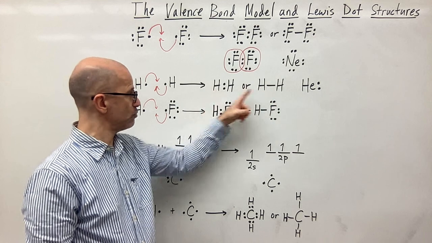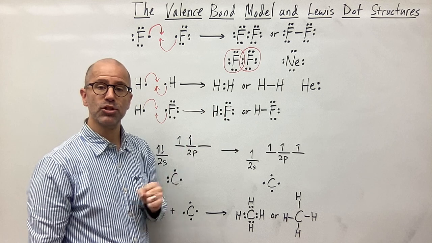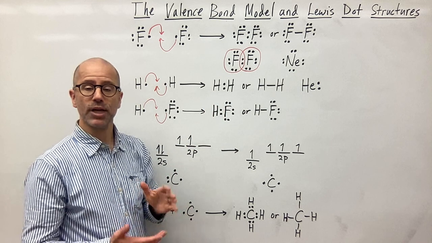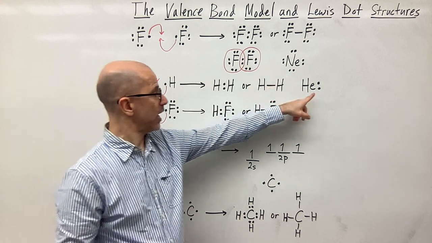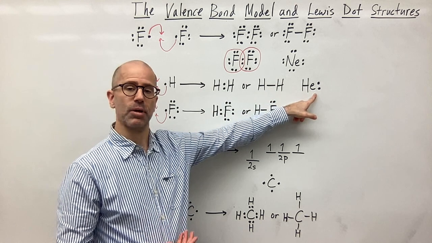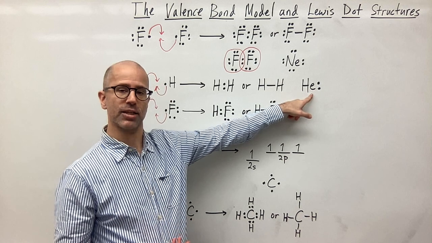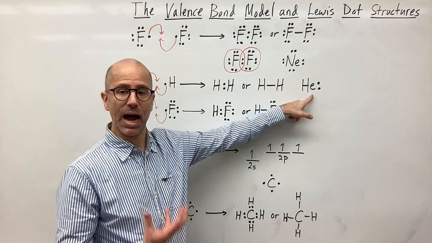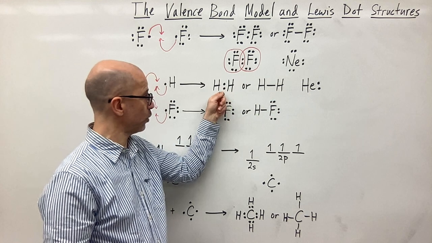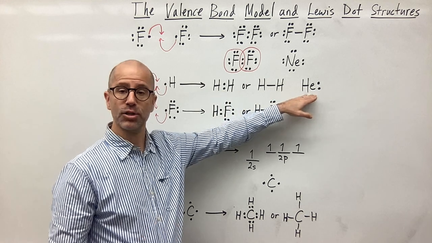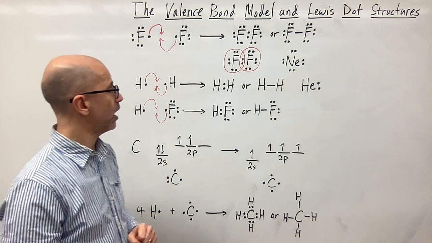So either have the 2 dots or the line, and in this case, hydrogen is fine with 2 electrons. Remember that the first energy level has only 2 electrons maximum. And so it's going to have the same electron configuration as helium, because helium is a noble gas with only 2 electrons, and it is stable because its outer shell is full. So hydrogen is satisfied with only 2 because it mirrors helium. It forms that helium-like structure.